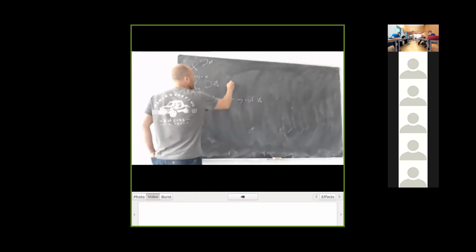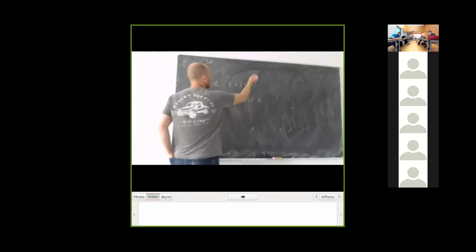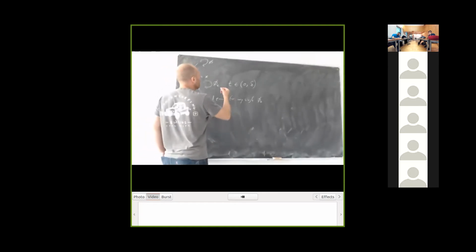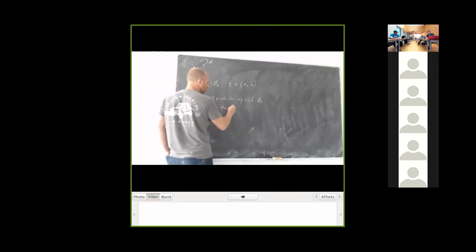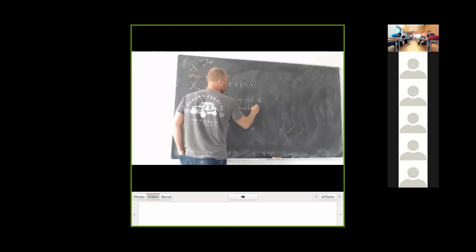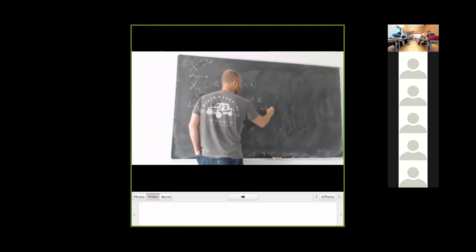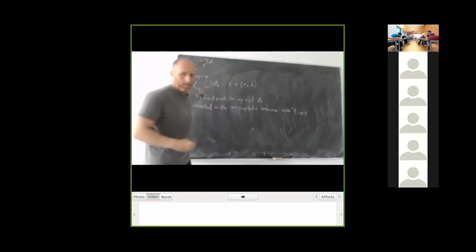And now we let t, which we interpret as time, evolve in some interval. We will be interested in the asymptotic behavior when t approaches 0.